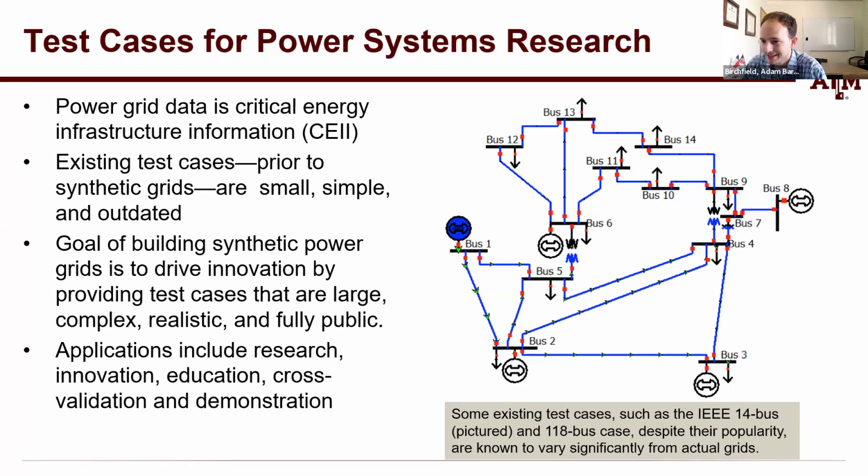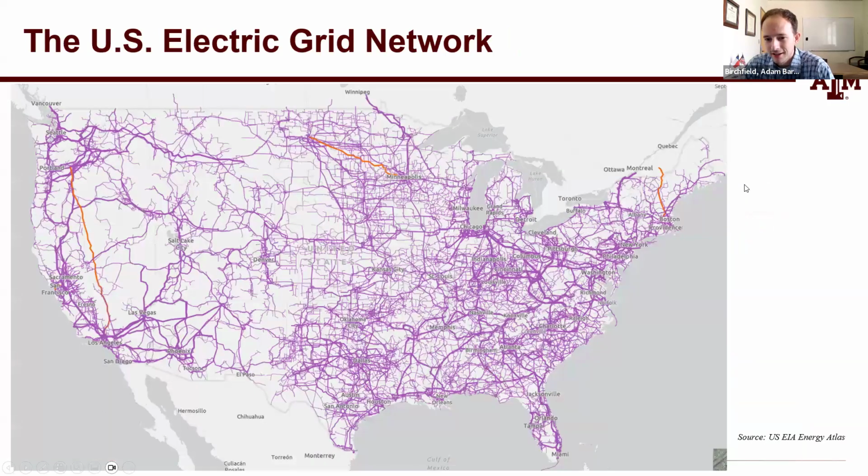However, over those decades since these grids were created, the real electric grid has changed very dramatically. I can show on the next slide what the real US grid looks like now. This is from the US Energy Information Administration.